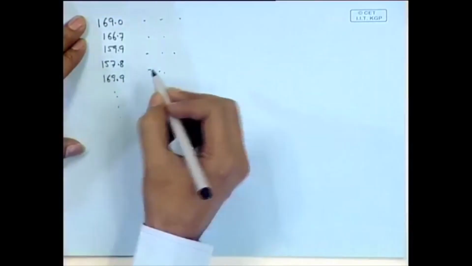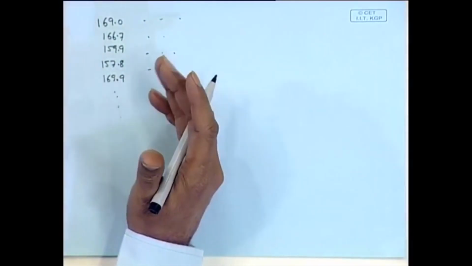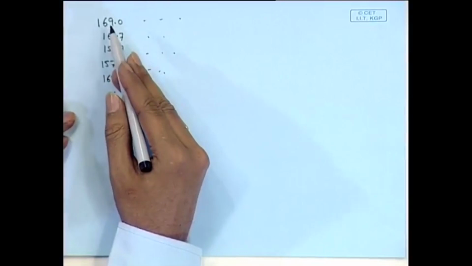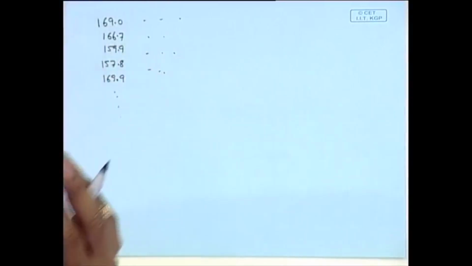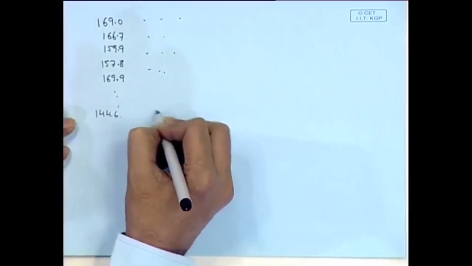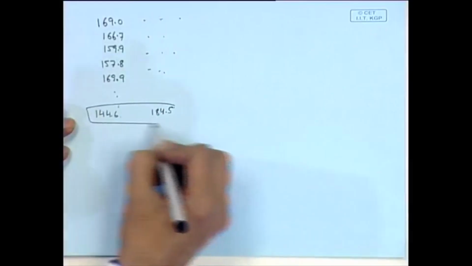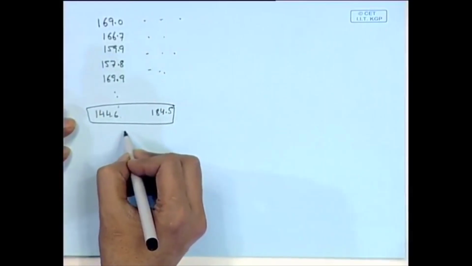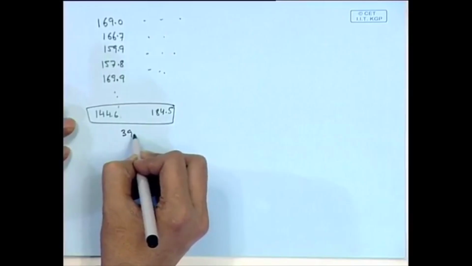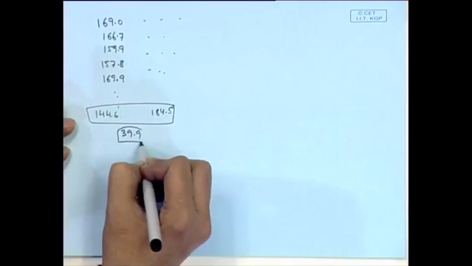So, now from here we make classes. Now, we may make classes of various kinds. We may record what is the lowest value and what is the highest value. Suppose the lowest value is, say, 144.6 and the highest value is, say, 184.5. Then we look at this difference. The difference is 39.9. Now, this is not a very convenient number.